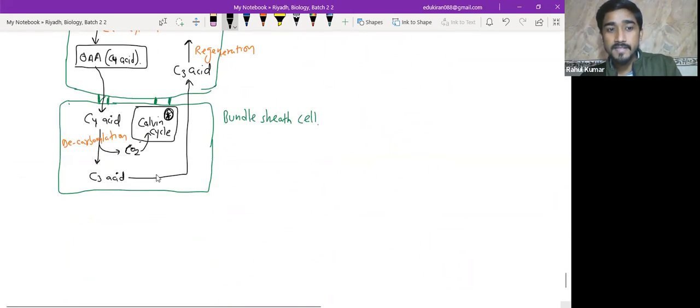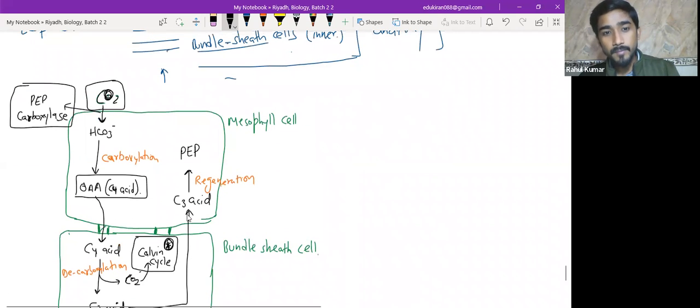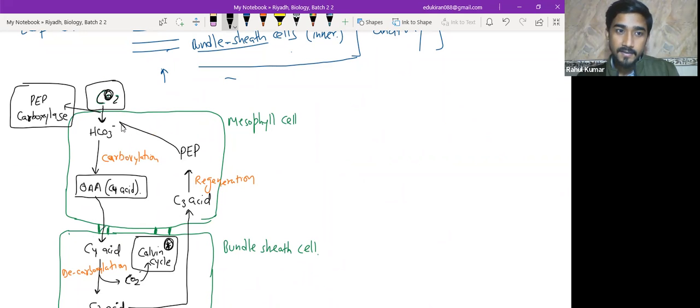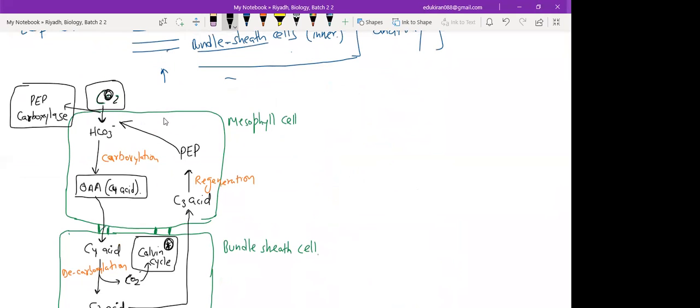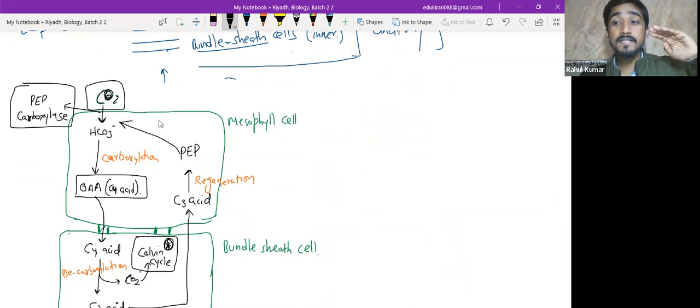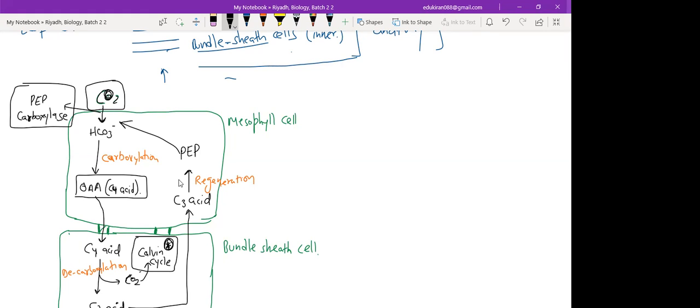Apart from that, this C3 acid is again pumped back to the mesophyll, and because this is a separate pathway, C4, this PEP is again made through regeneration, which is again sent here, and the cycle continues. Do you understand? Instead of 3 steps which were there in the C3 pathway, in the C4 pathway we have 5 steps. Is this pathway clear to you? Please tell me. Are you sure?